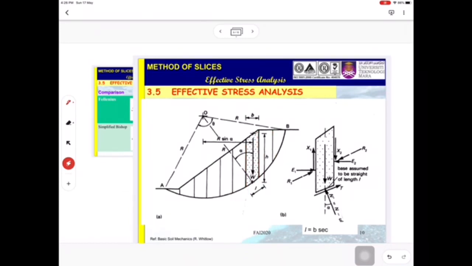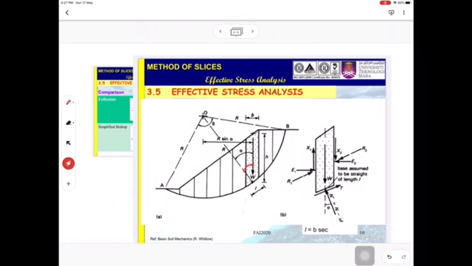Then you will get W for each slice, W at the center of the slice, and you will know the B for each slice, and then you will get the alpha.